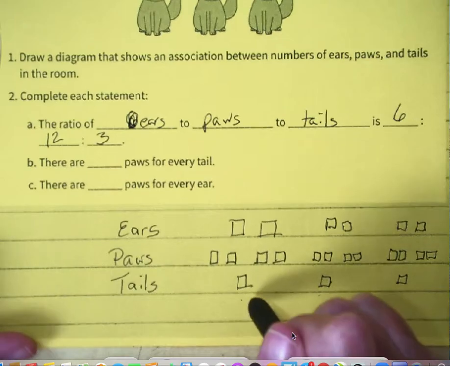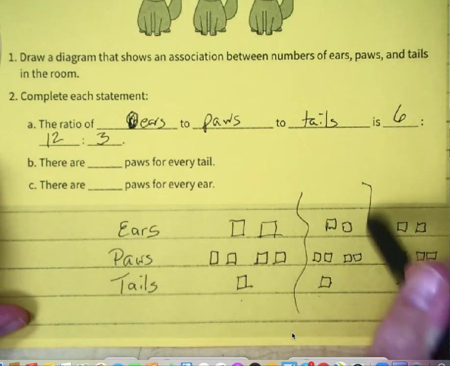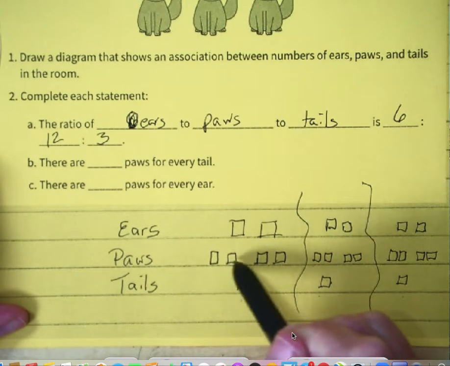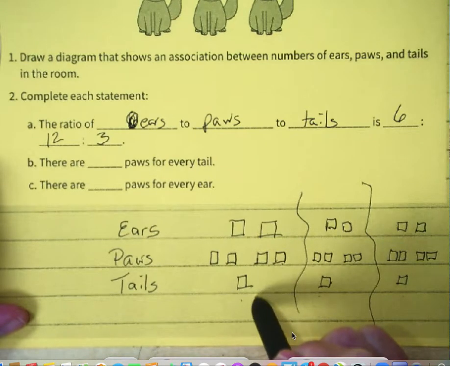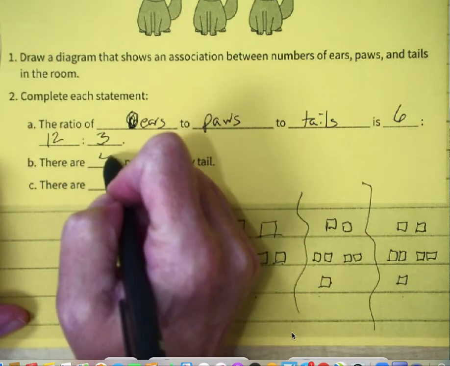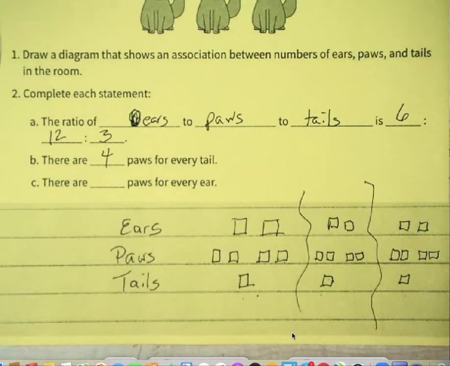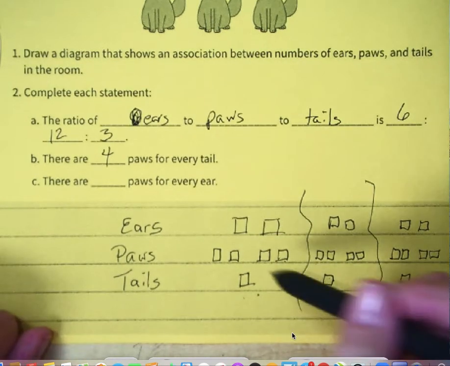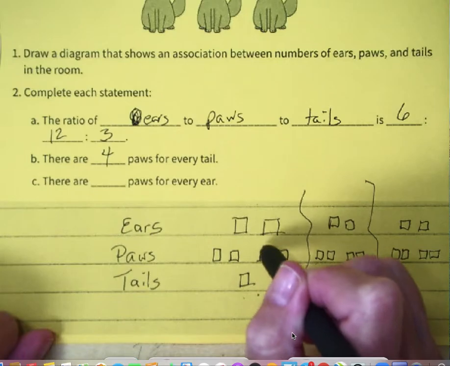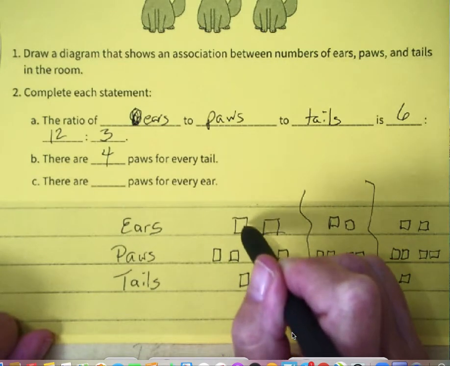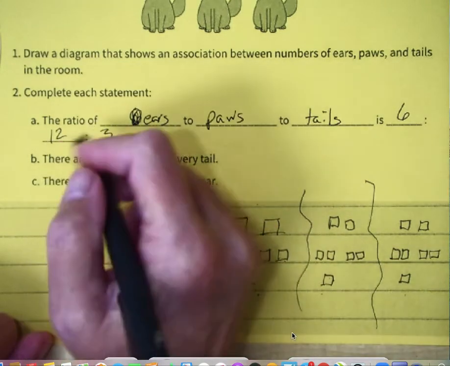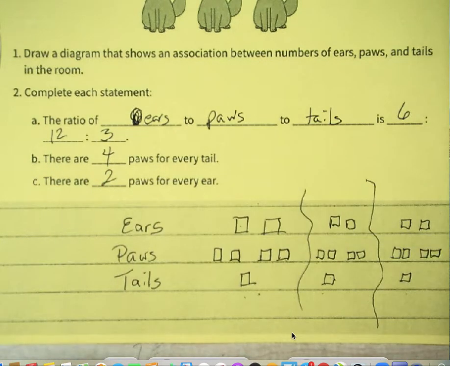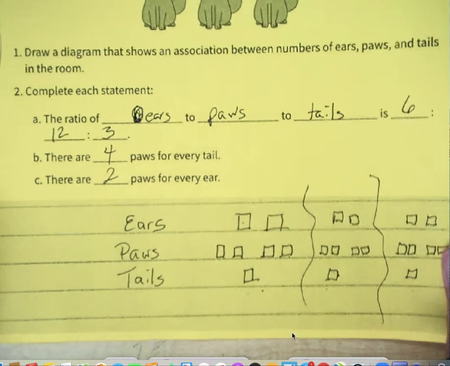How many paws here for this one tail? Of course, there are 4. And how many paws for every ear? For every ear, 1 ear is 2 paws. Okay? Question? Any questions? Okay.